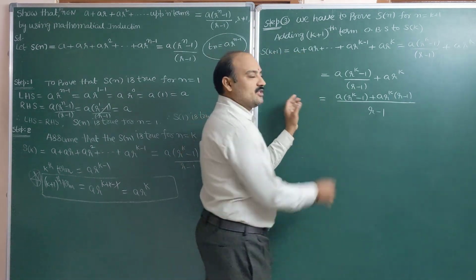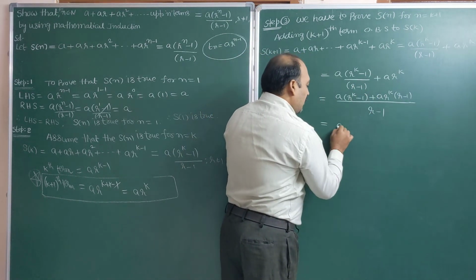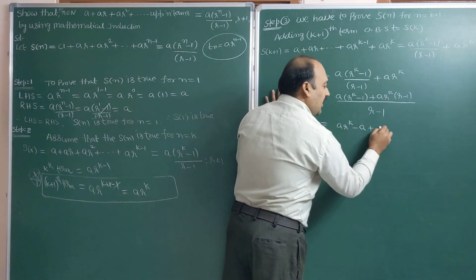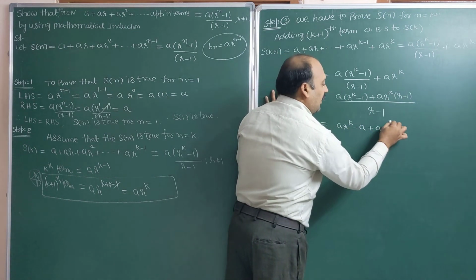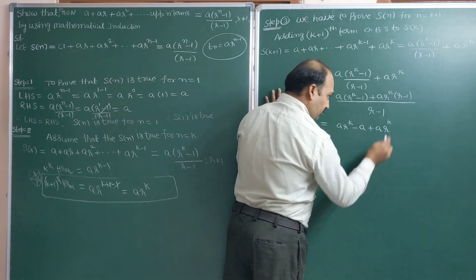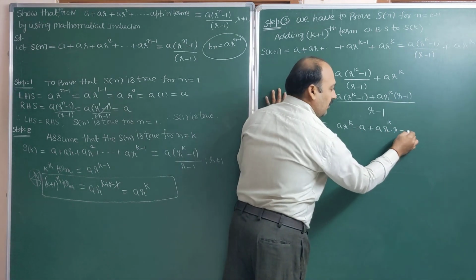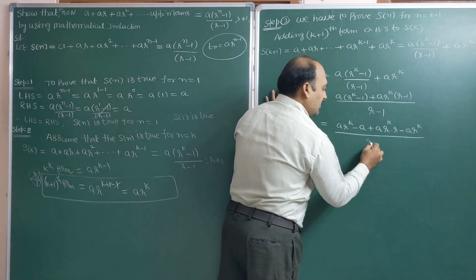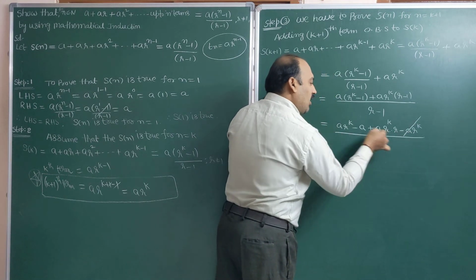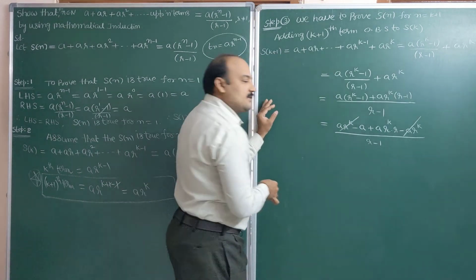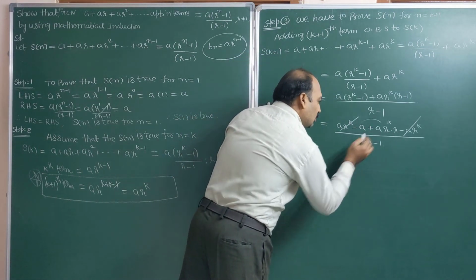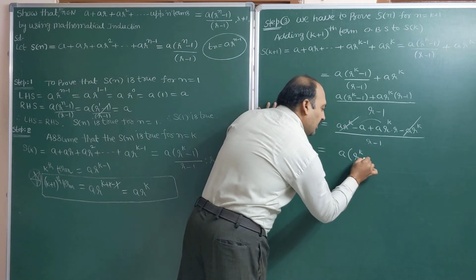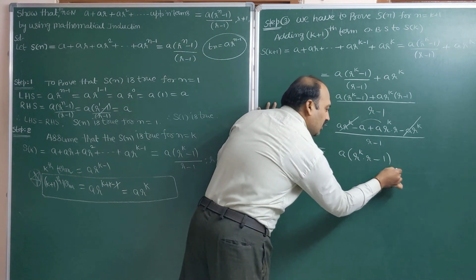I hope you understand, students, by taking LCM here. A r power k minus a plus a r power k into r minus a r power k divided by r minus 1. Minus a r power k plus a r power k get cancelled.